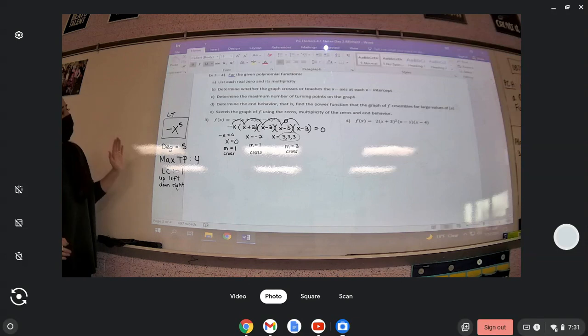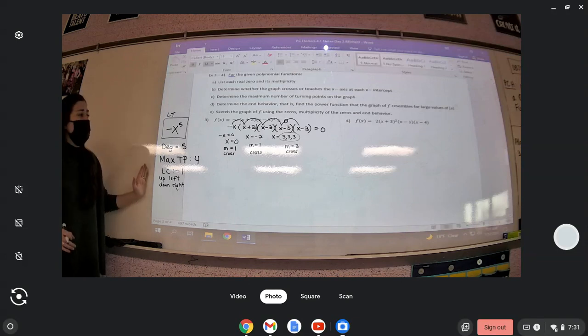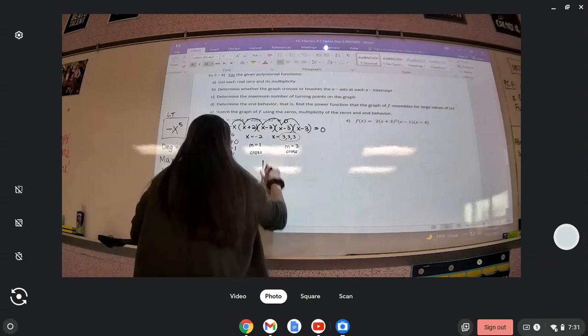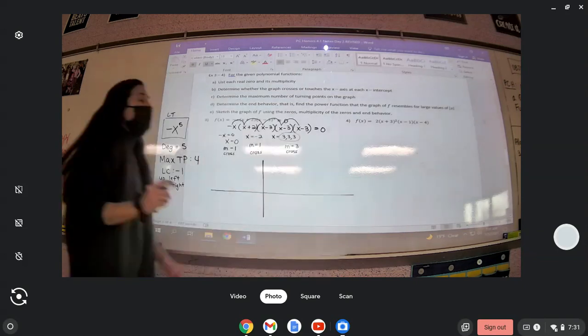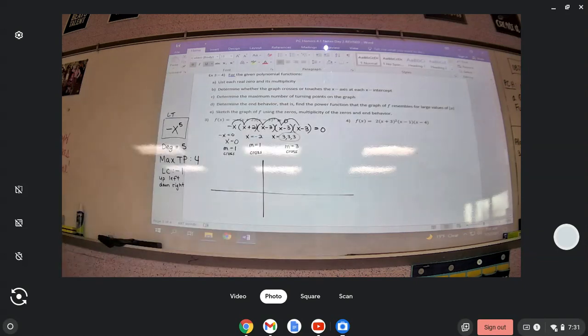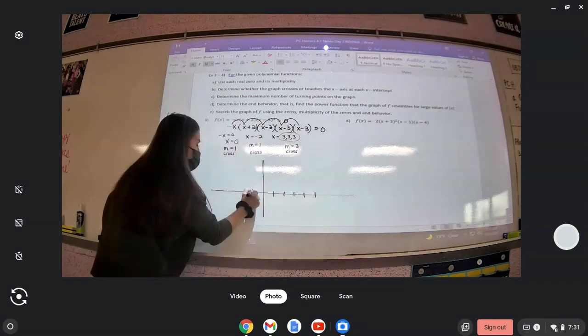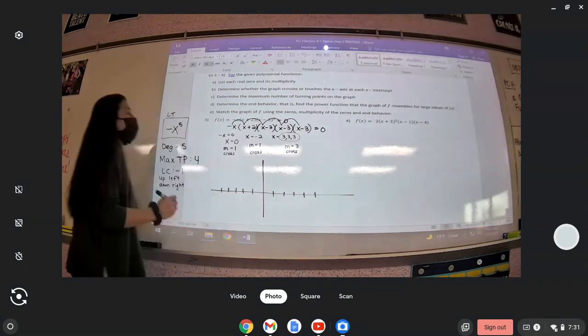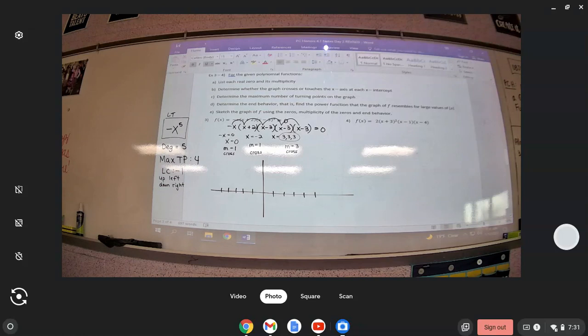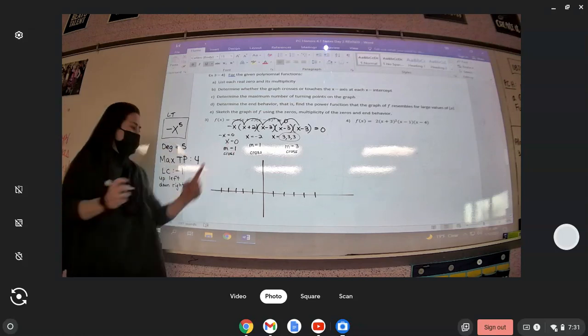Okay. Then it says, sketch the graph of f using your zeros, their multiplicity, and the end behavior. So guys, give yourself a coordinate plane. And right now, let's only label our x-axis. Okay, so we had an x-intercept at 0.